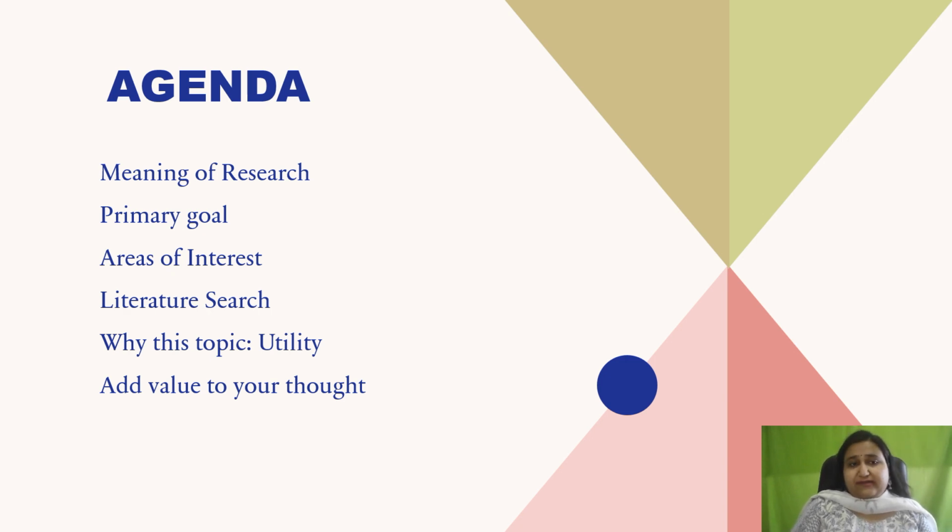Or suppose that time they used, say, logistic regression, you can also use decision tree. If you are using a different technique to answer the same question, or if you are using a different population, then it's okay. So how will you be able to know all these things? By doing literature search. Literature search is the backbone of research.